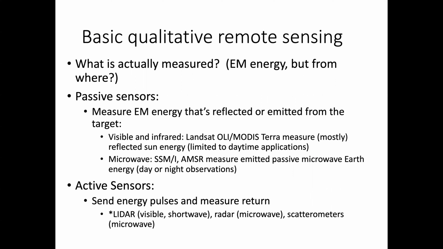In the microwave spectrum, sensors like SSMI and AMSR measure emitted passive microwave Earth energy, which can be done in the day or at night. Active sensors send pulses and measure the return, like LiDAR or radar or scatterometers, but we won't focus on those in this training.